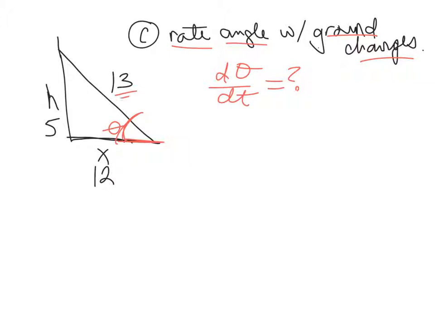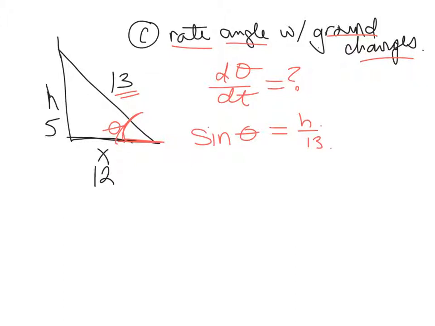I would imagine it would be better to use one with the hypotenuse in it so that you don't have to have another dh/dt or dx/dt, because those are variables and they have to be used as variable rates. So you could use sine of theta, and that would give you h divided by 13, opposite over hypotenuse.